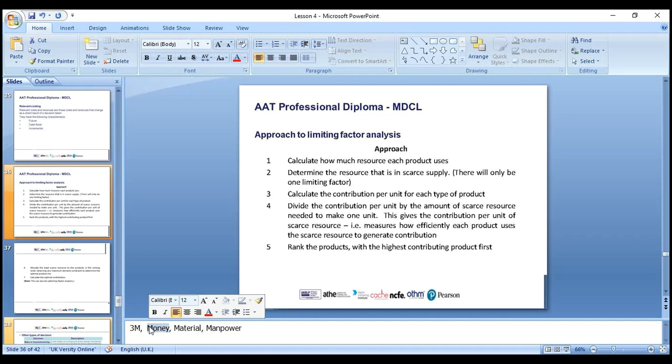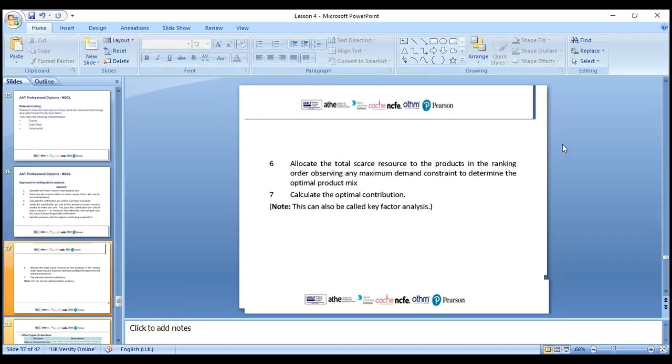If we don't have cash, we can't buy anything. That's the start. Then material or assets, and we need manpower, meaning some human beings as well.